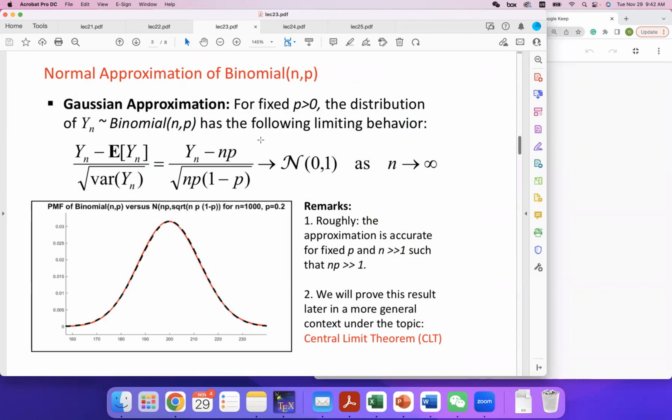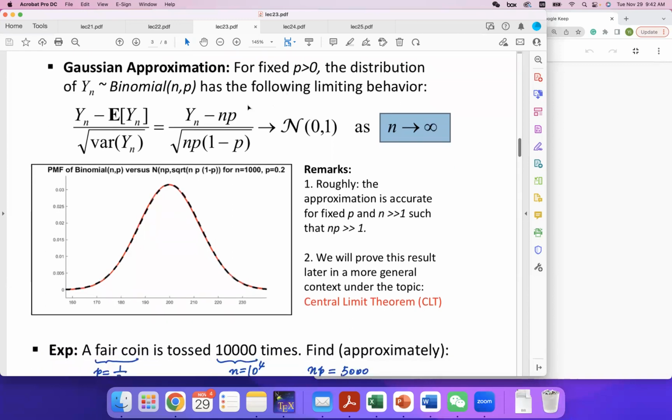Okay? So basically, if we perform more and more experiments, then we can use a Gaussian PDF to approximate the PMF of this binomial random variable. Because for the binomial distribution, it is more complicated because it involves a lot of combinatorics.